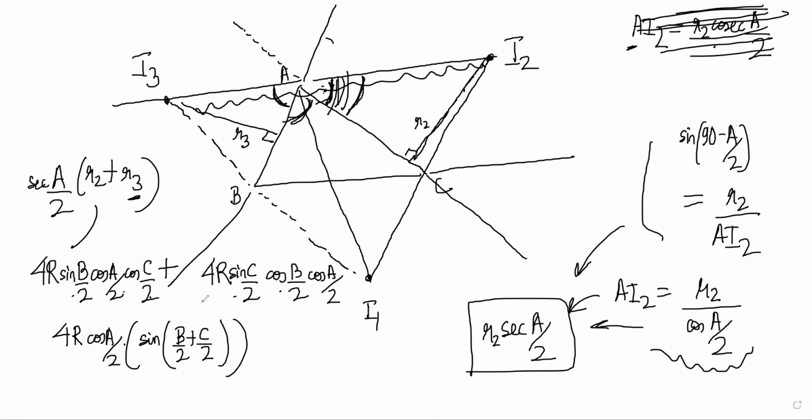And that sec A by 2 and cos A by 2 will cancel. This is 90 minus A by 2, so it is cos A by 2, which will cancel the sec A by 2. So you are getting 4R cos A by 2.